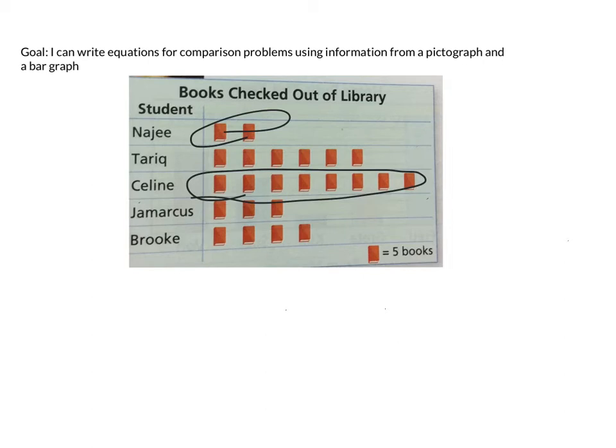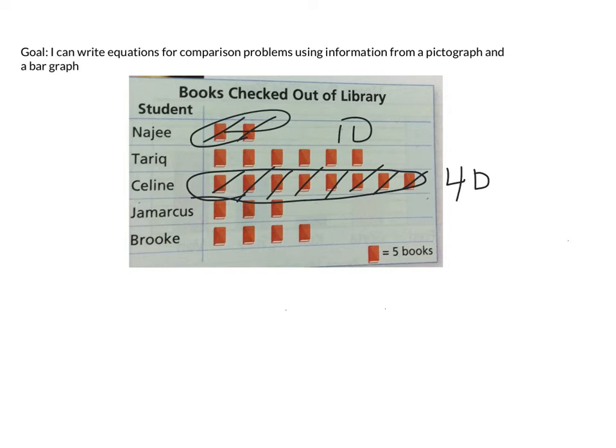To help us get started, let's take a look at how many books Nahi and Celine actually checked out. So remember, we're counting by 5s. It looks like Nahi checked out 5, 10 books, where Celine checked out 5, 10, 15, 20, 25, 30, 35, 40. So what you're trying to figure out is how many times more books did Celine check out than Nahi? So 10 times what would give us 40?